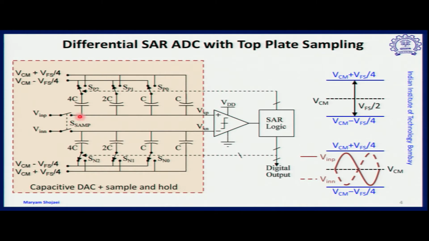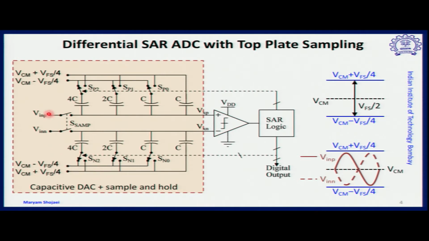And the switching arrangement shown over here needs the following reference levels: V common mode minus V full scale by 4, V common mode plus V full scale by 4 for the positive side, and similar levels for the negative side, or negative half circuit.